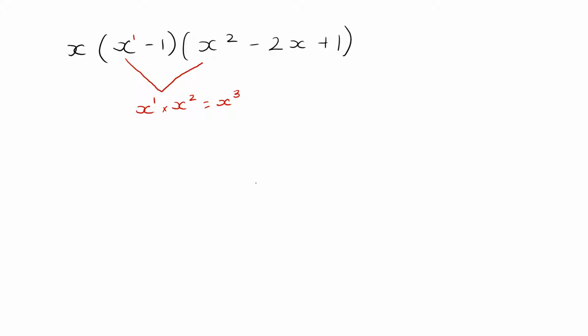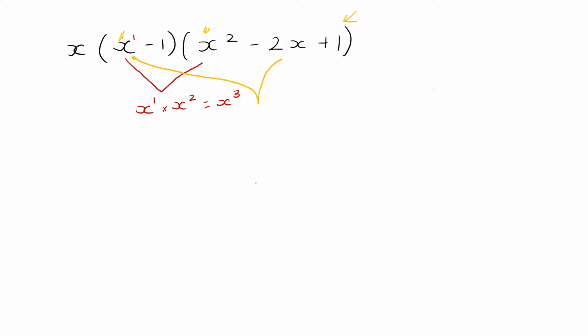So then the next bit is you would take the x from here, I'll just draw it there, and then the 2x from here. So you're basically working your way down this equation. This x has done something with this x, so it's not going to do anything more. Now we're moving on to the next number in this equation, which is -2x.